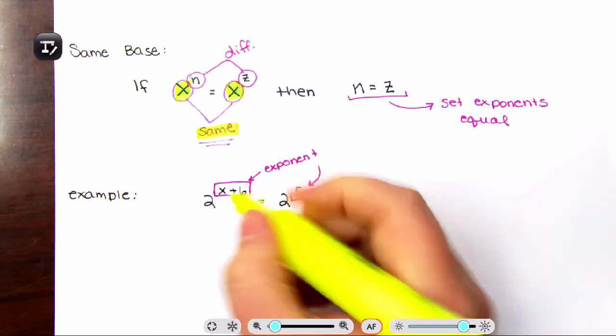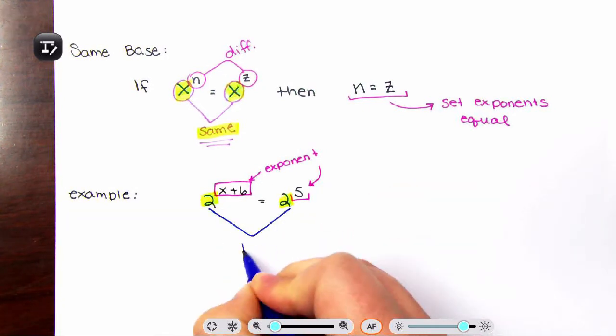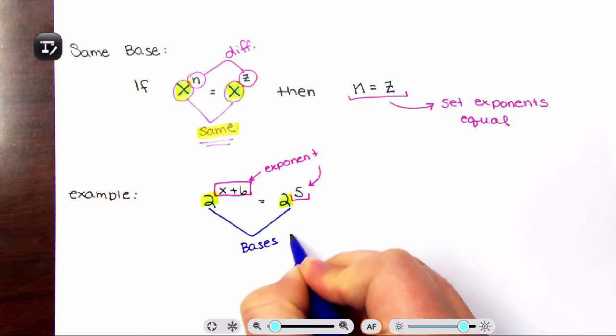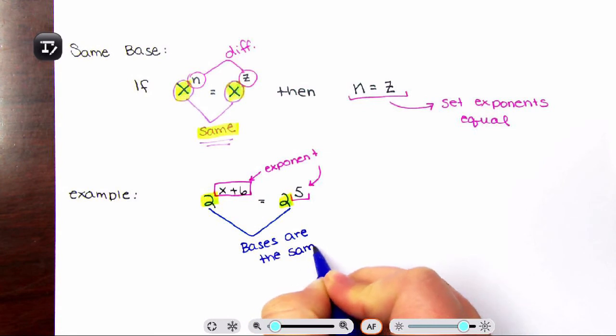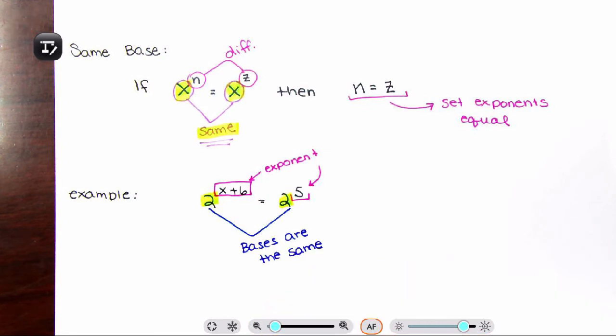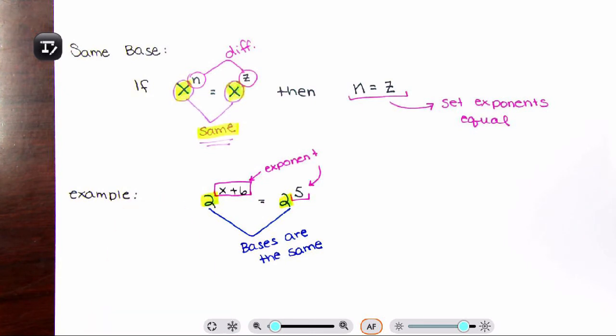Your base is 2 on each side, so your bases are the same. And this only works if there's nothing else there. So if you have a number in front of your base, like 3 times, you can't do that. It has to be only the base and the exponent.